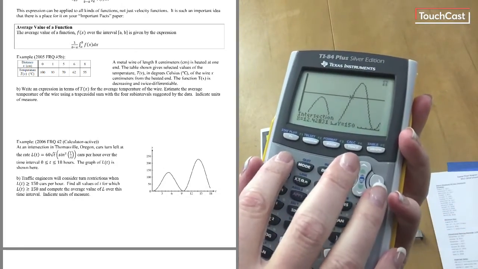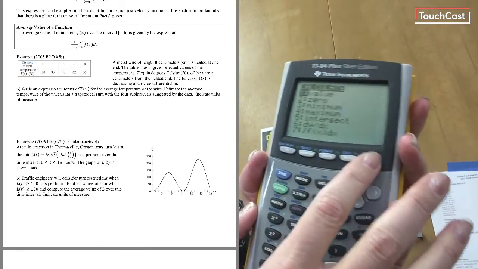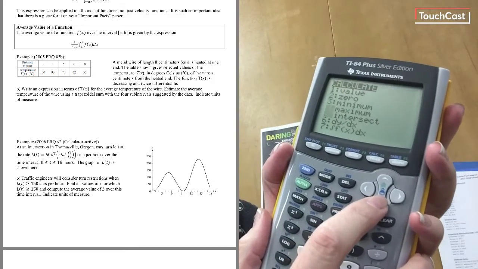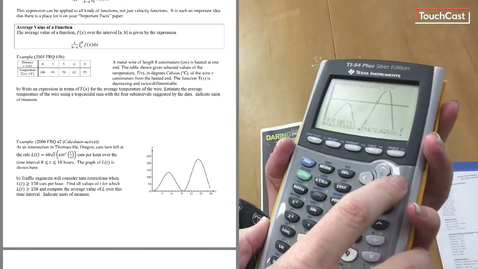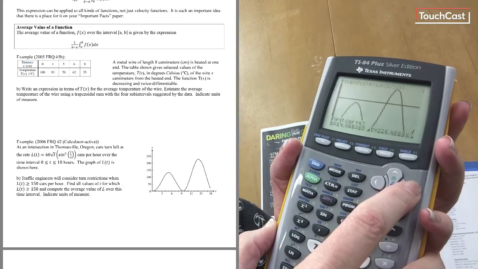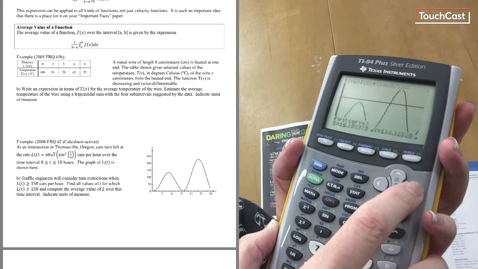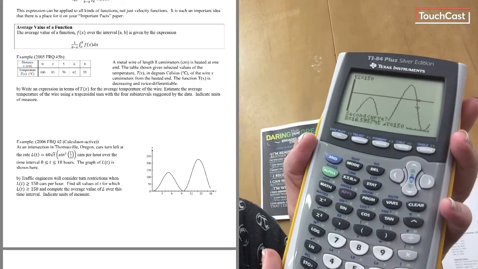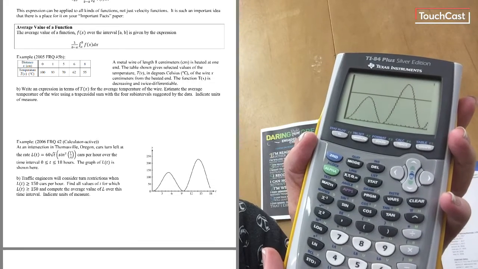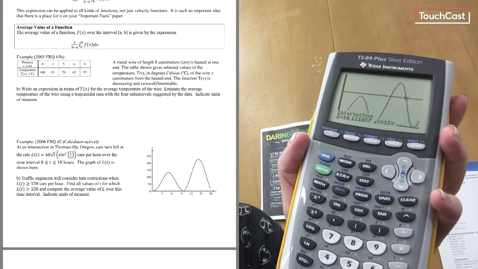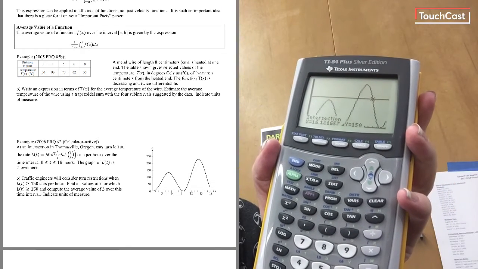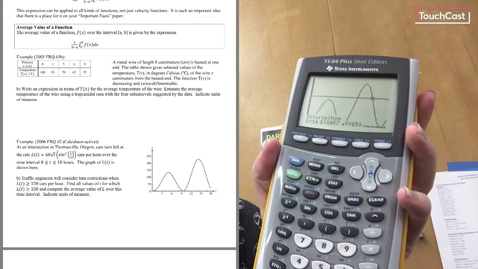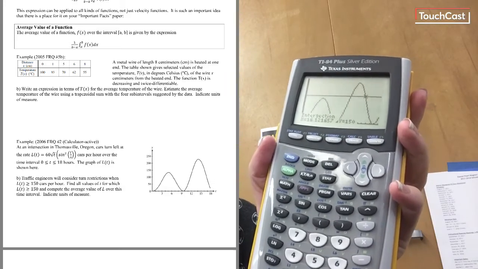I'm going to try one more time. Second, calc, intersection. I'm going to move my arrow here. Hit enter, enter, guess. Now it gets that second intersection. So I'm going to write that down. That was 16.1216.